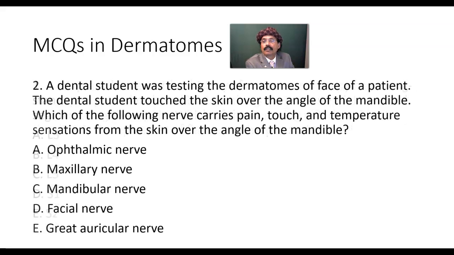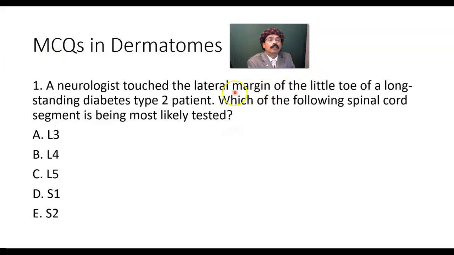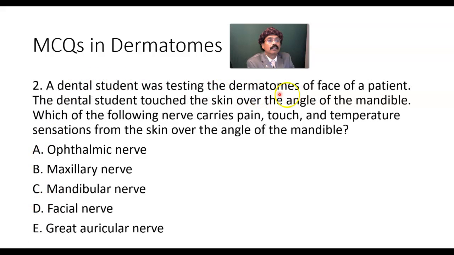Number 1, the lateral margin of the little toe of a long-standing diabetic patient. What would be the dermatome? It should be S1. Then pain, touch, and temperature sensation from the skin over the angle of the mandible is carried by the great auricular nerve.